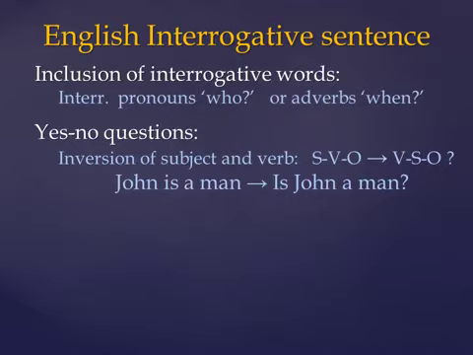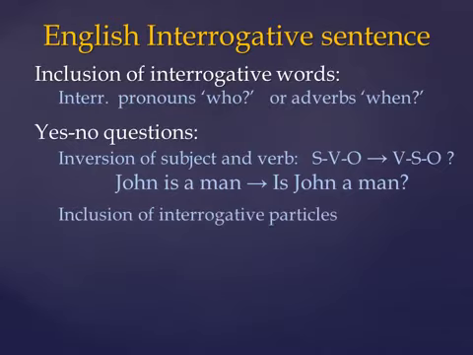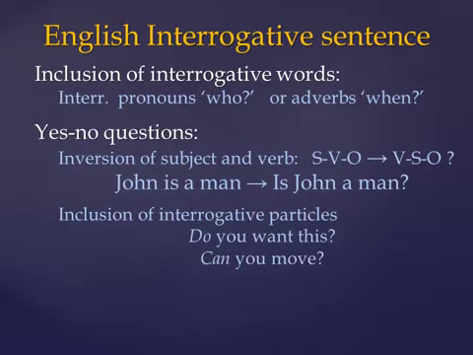Another way we can do this is through the inclusion of interrogative particles. In English, these are also called auxiliary verbs. For instance, do you want this? Or can you move?